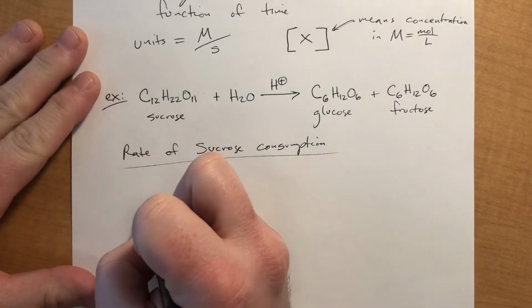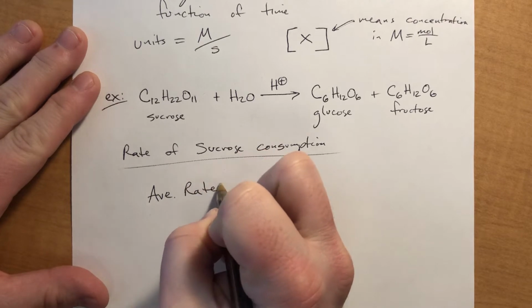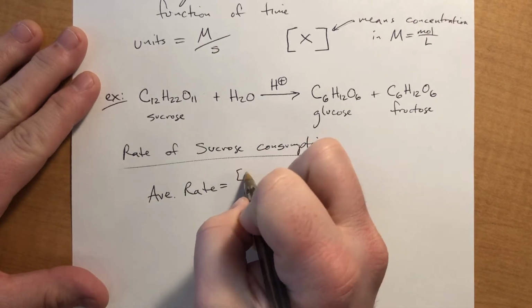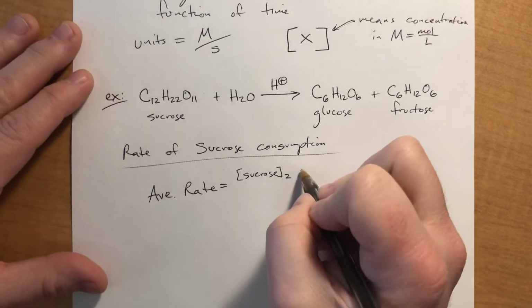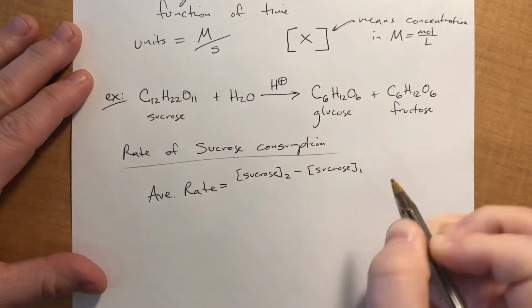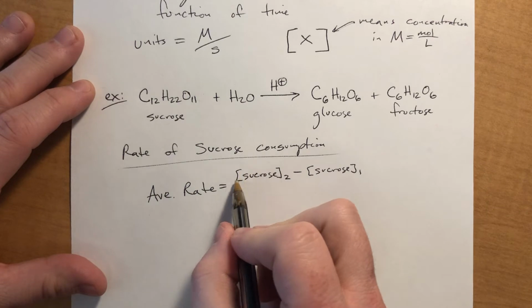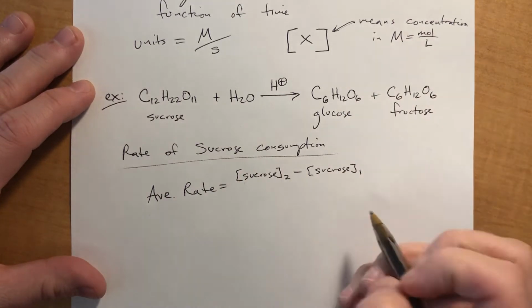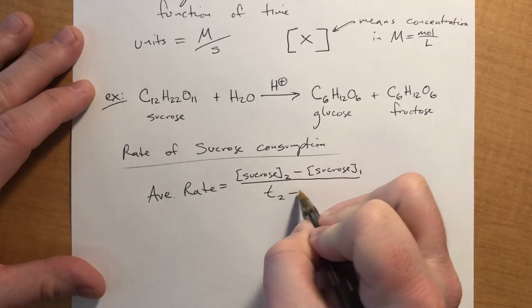I'm going to refer to this as average rate. It's going to be the concentration of sucrose at time 2 minus the concentration of sucrose at time 1, so final minus initial. The brackets imply that it is in terms of molarity, divided by the change in time, so t2 minus t1.